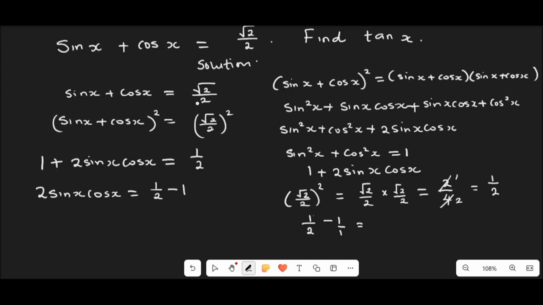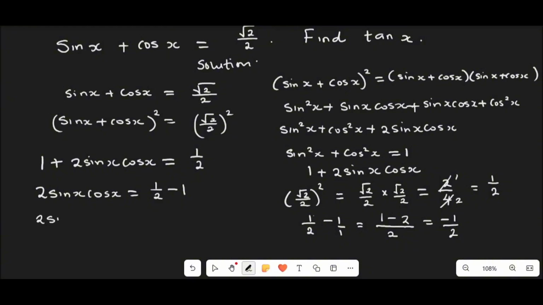The LCM is 2. 2 in 2 will give us 1. Times 1, we have 1. Minus 1 in 2 will give us 2. Times 1, we have 2. Which is equal to 1 minus 2 is minus 1 over 2. So this is minus 1 over 2.